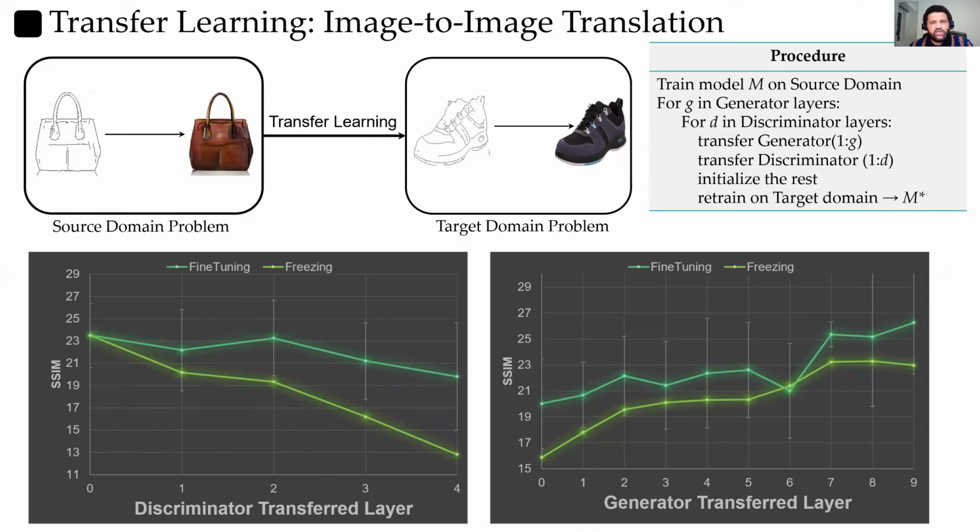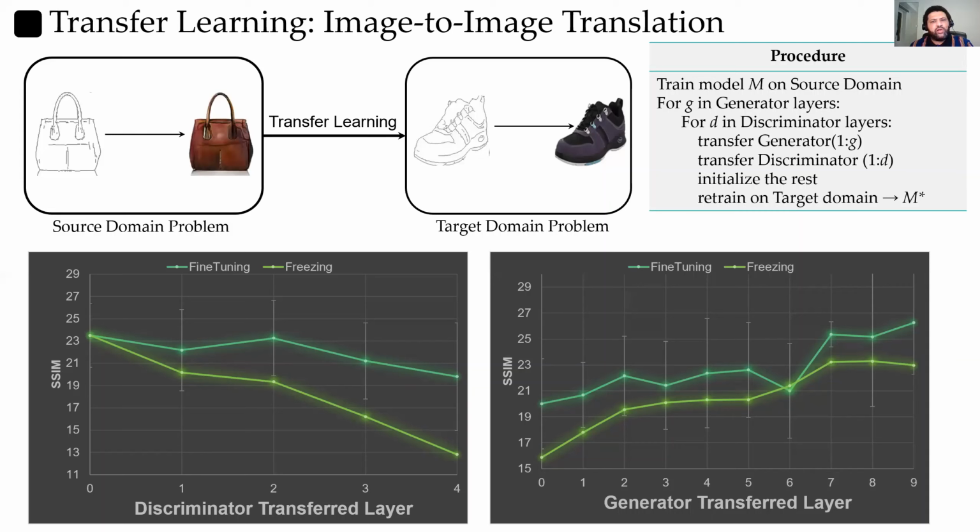Without introducing skip connections, we have pretty similar trends as before, meaning that the more layers we transfer from the discriminator, the lower the performance we will get on the target domain. And we can still infer that the discriminator holds specific domain features. On the generator side, the more layers we add, the higher the performance, based on the structural similarity SSIM index as a metric.